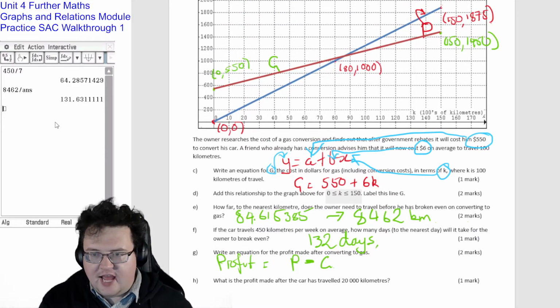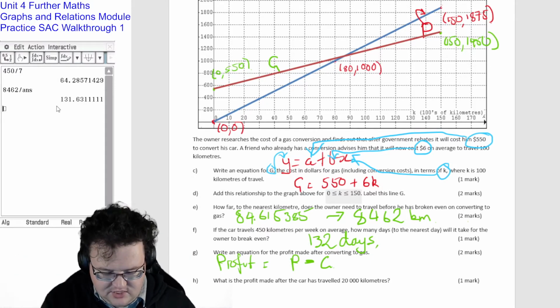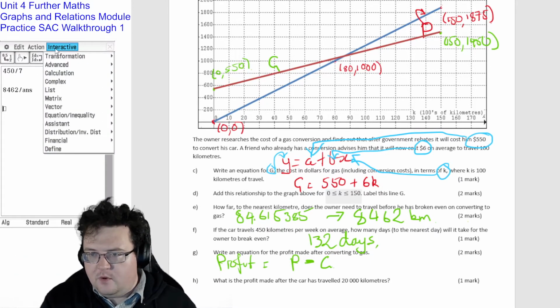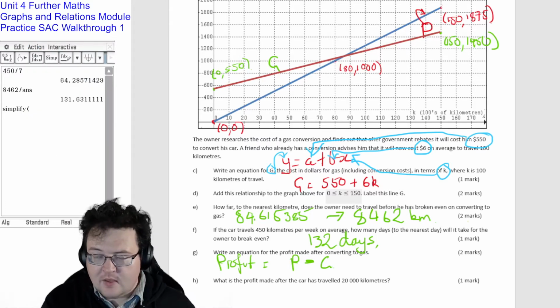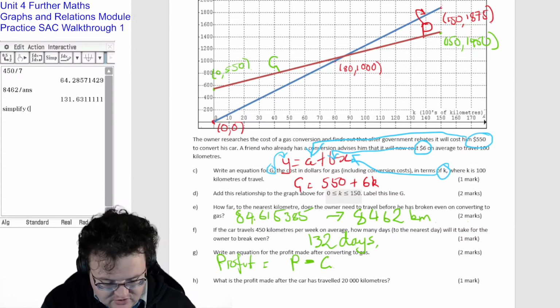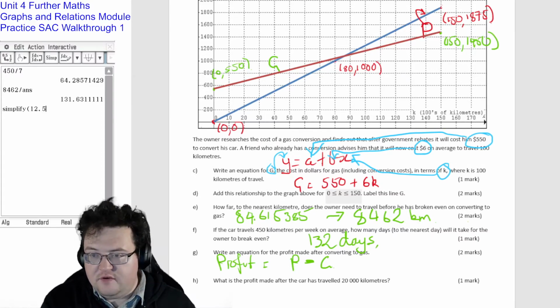All right, so on our CAS, we can actually use it to do this. We want to go Action, Transformation, Simplify. Then we're going to type in our petrol equation, so that's 12.5x, and then we subtract all of equation G from it.